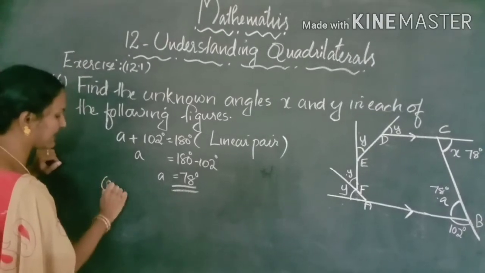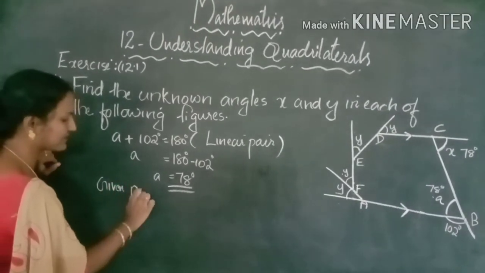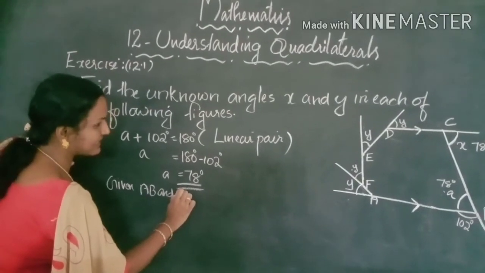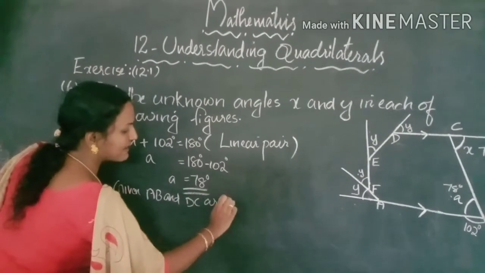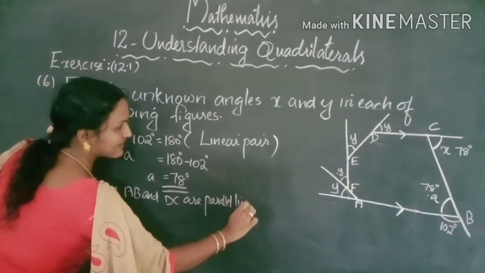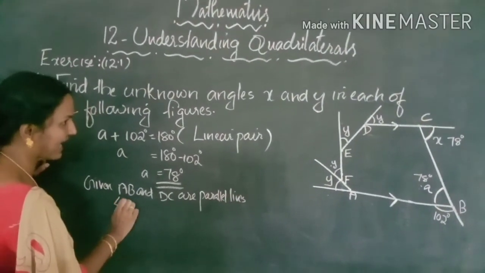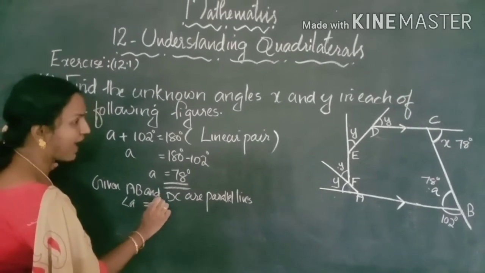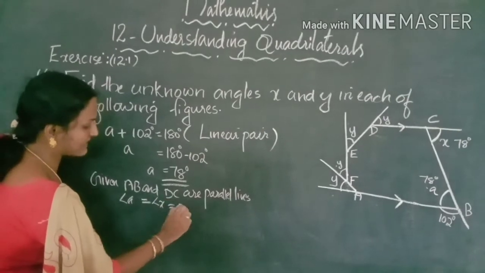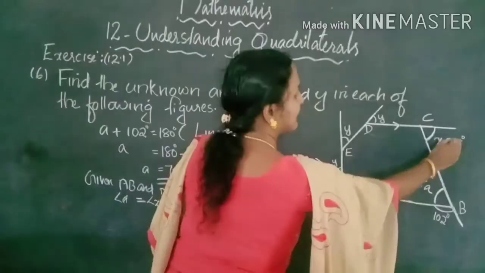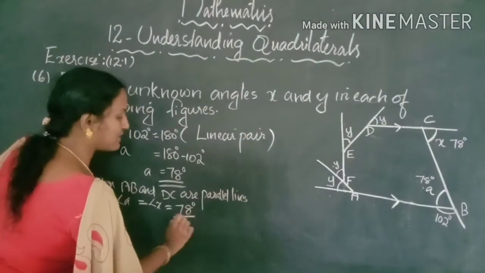Given AB and DC are parallel lines, so angle A is equal to angle X, which is equal to 78 degrees. X is equal to 78.